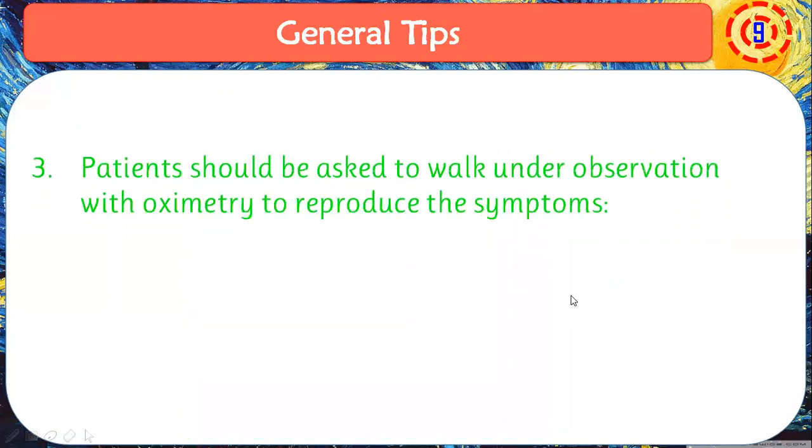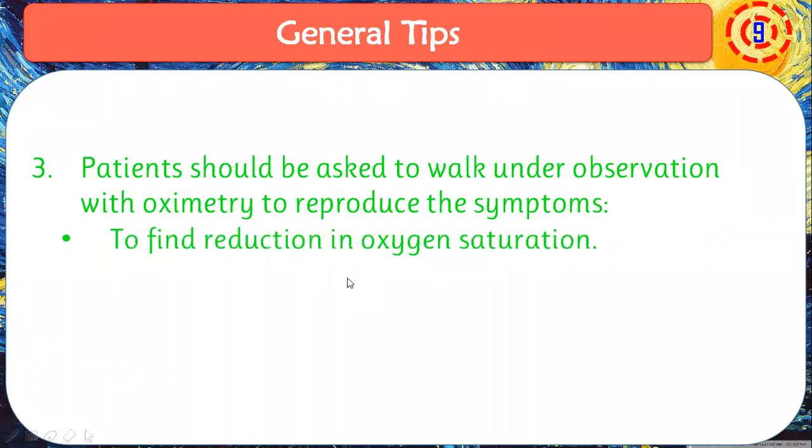Now talking about our next thing, the patient should be asked to walk, with observation using oximetry, to reproduce the symptom. So why with oximetry? Because if we observe with pulse oximetry, then we can find the reduction in oxygen saturation and mention it in the report.